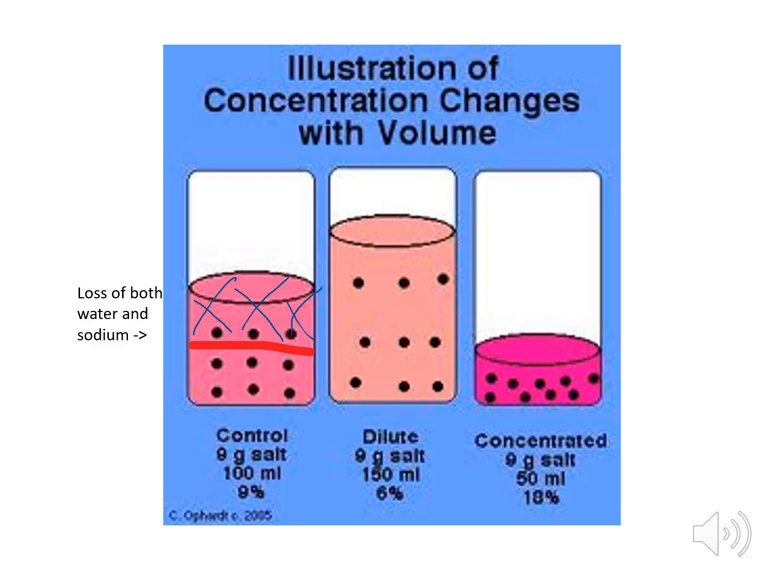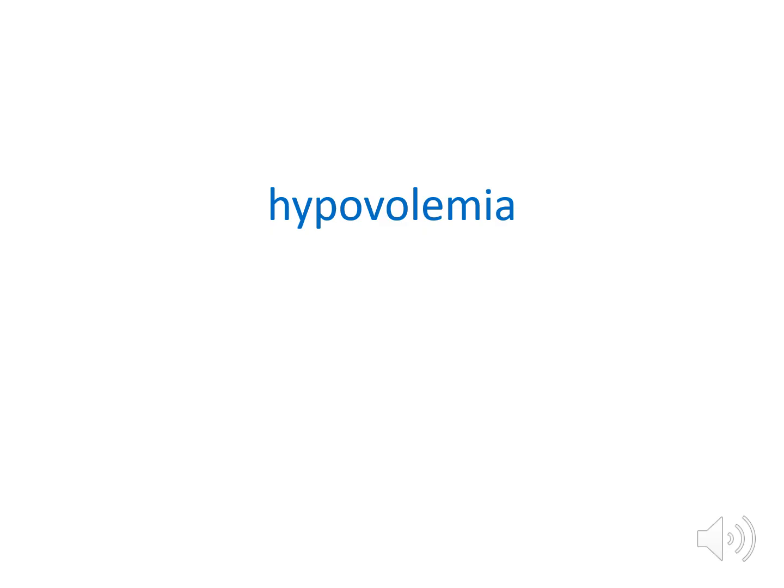Does that make sense? So if you have less fluid, a fluid volume deficit, then you'd expect there to be a lower blood volume as well, right? Because you remember the large majority of your blood is water, right? So if you have fluid deficit, you're going to have a lower blood volume. We call that hypovolemia.